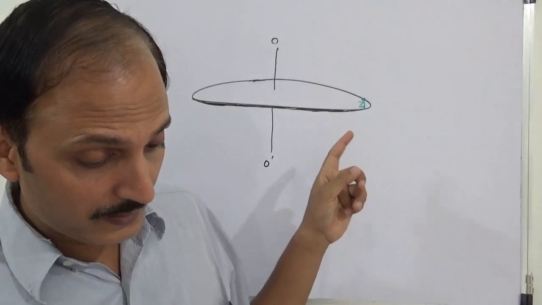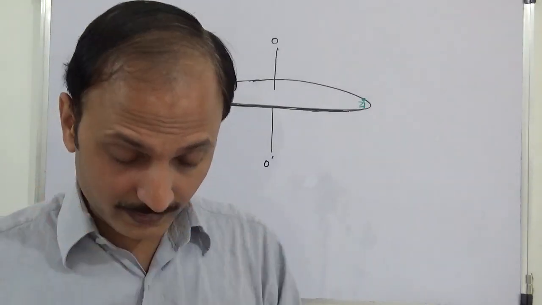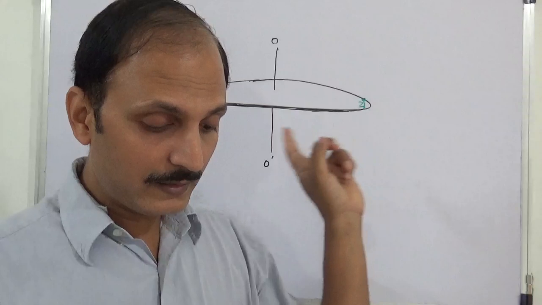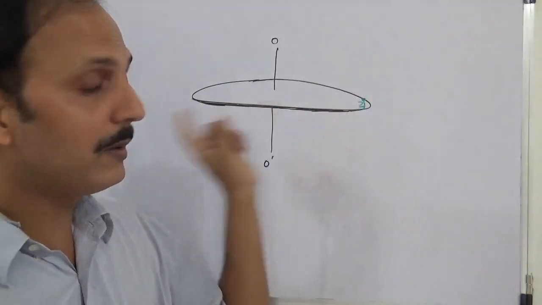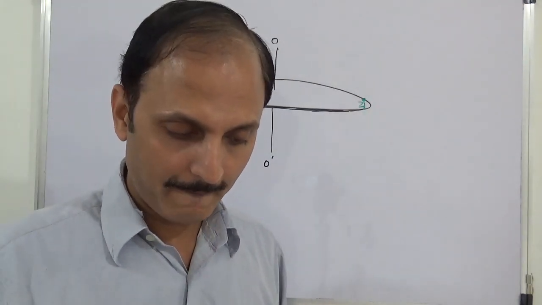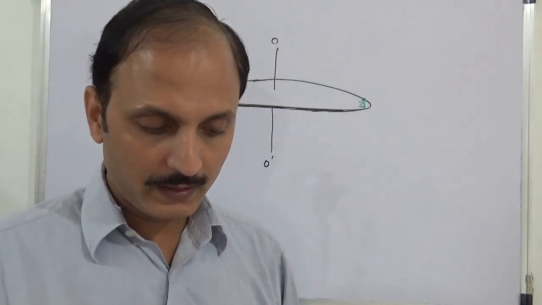The question is: figure shows an insect at the rim of the disk that can turn about a frictionless axis. Means the disk can turn about the frictionless axis. Initially the system is at rest.